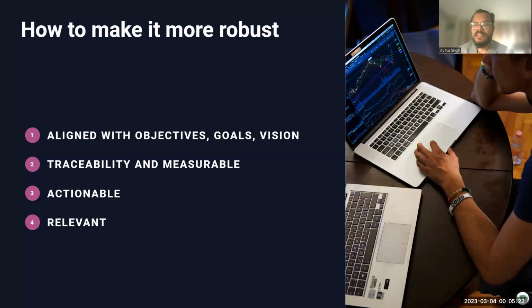Normally project managers are very biased toward their own project, but when it comes to portfolio optimization, the portfolio manager needs to remove this bias and see them in an apples-to-apples comparison. They also need to be actionable and relevant to the topics we are discussing rather than going completely off.